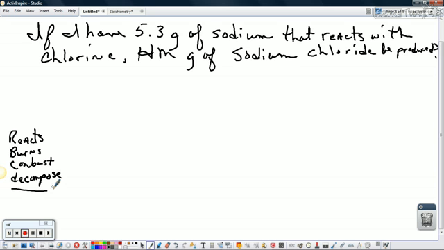Then on the other hand, these things are all reactants, so they're going to be written on the left of the yields mark.